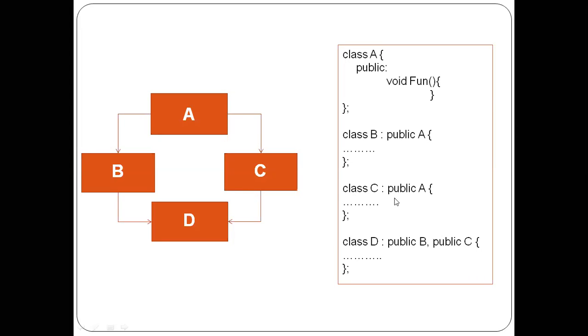Next, class C is going to inherit all the data from class A. So this is the right hand side. And last one, class D is going to inherit all the data or member functions from B and C. This is the left hand side and the right hand side.